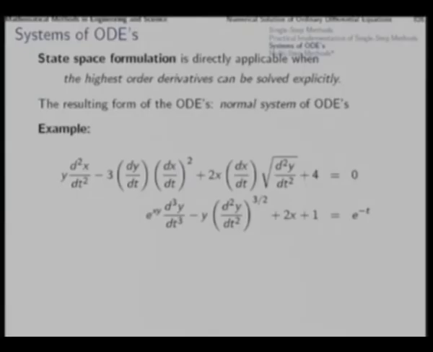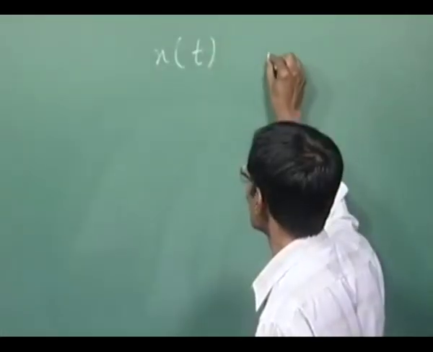So, this state space formulation is directly applicable when the highest order derivatives can be solved explicitly. For example, let us take this example. This is a system of two ordinary differential equations in two unknown functions x of t and y of t, which we want to solve. So, we want to solve for x of t and y of t.